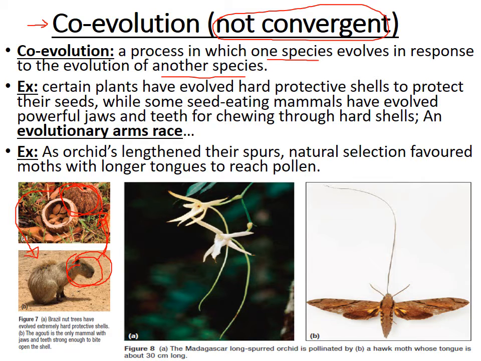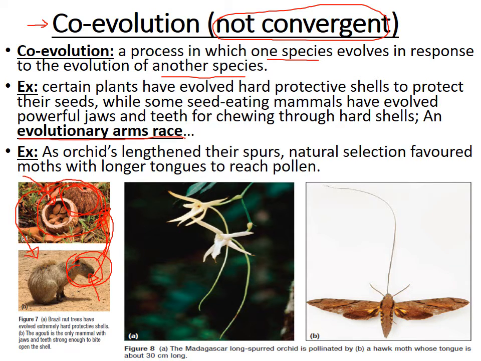And that kind of happened over and over again in a cycle. So as natural selection favored harder casing to protect seeds of the plants, natural selection then favored the stronger jaws and teeth to break the harder casing that was favored in the plants. So these two organisms or species co-evolved. In a way, we can think of this like an evolutionary arms race, where they were evolving to get the strongest weapons so that none of them would be wiped out.